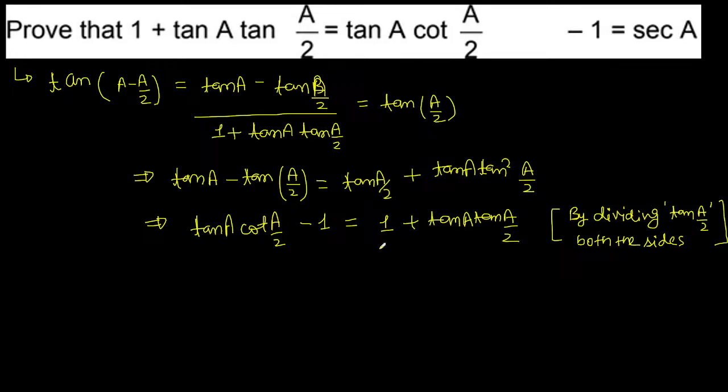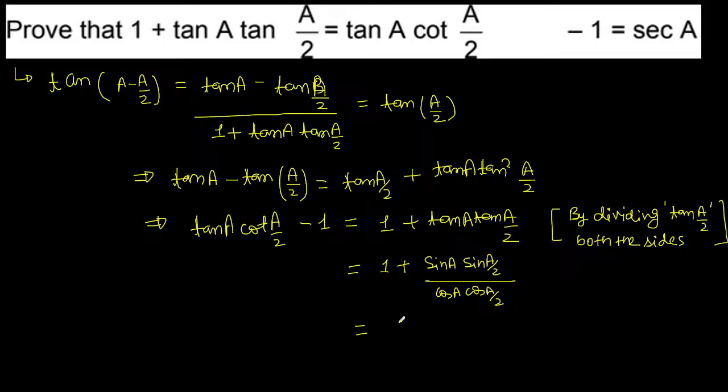Now we have to get sec a. Sin a sin b, cos a cos b. If you would like to see, it is nothing but sin a by 2 upon cos a by 2, sin a sin a by 2 upon cos a cos a by 2.